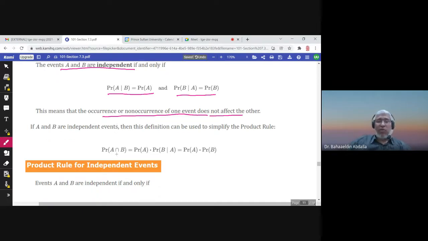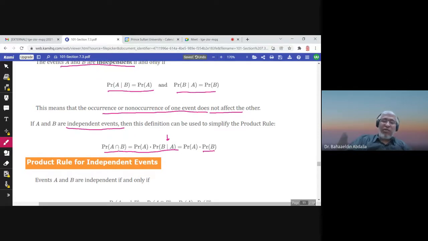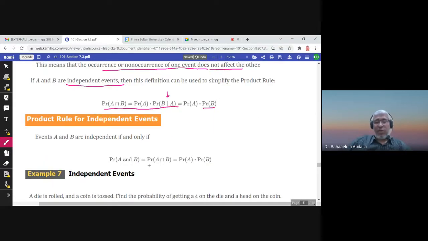Now, what would be the product rule in case of independent events? We know that the product rule in the previous video is equal to probability of A times probability of B given A. But what is the probability of B given A if they are independent? It's equal to probability of B. So probability of A intersection B would be the product of the two probabilities in case of independent events.